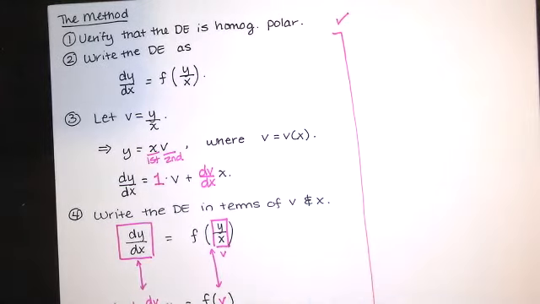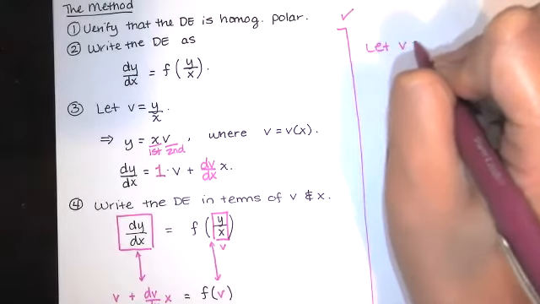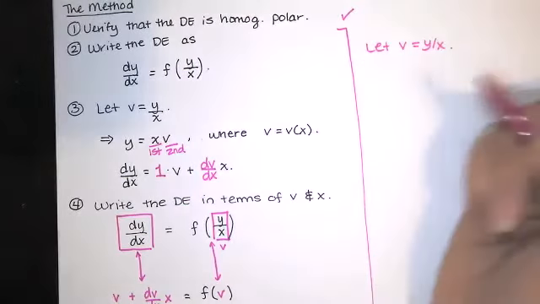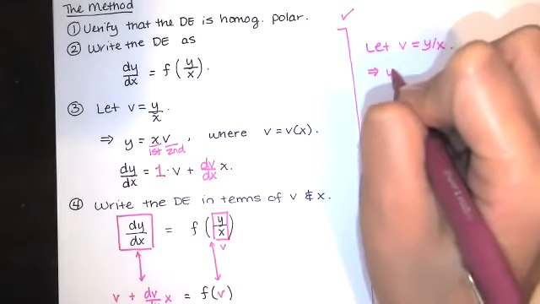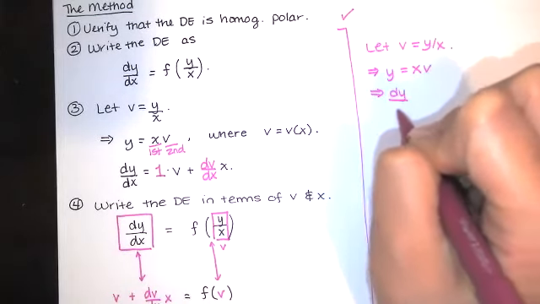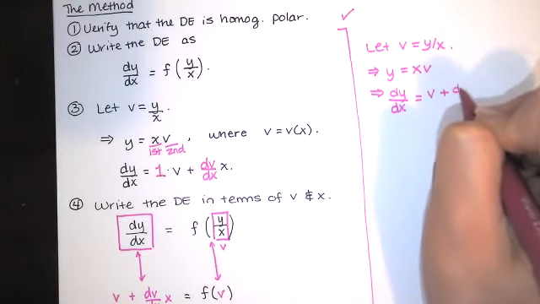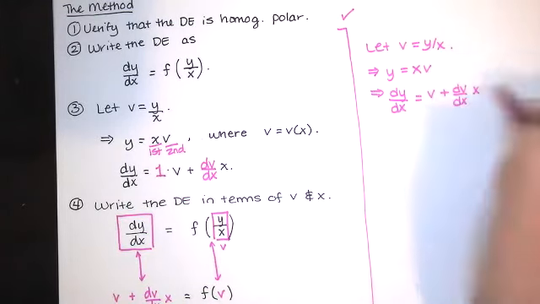And that's all of these 4 steps. We can just say we are letting v equal y over x, which means that y is equal to x times v, which means that dy dx is derivative of the first times the second plus derivative of the second times the first by the product rule.